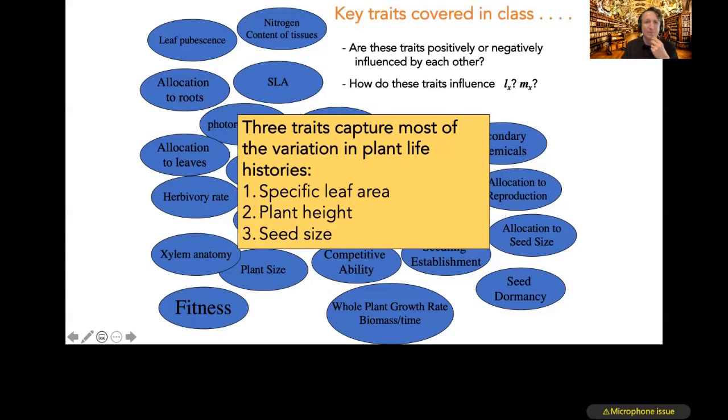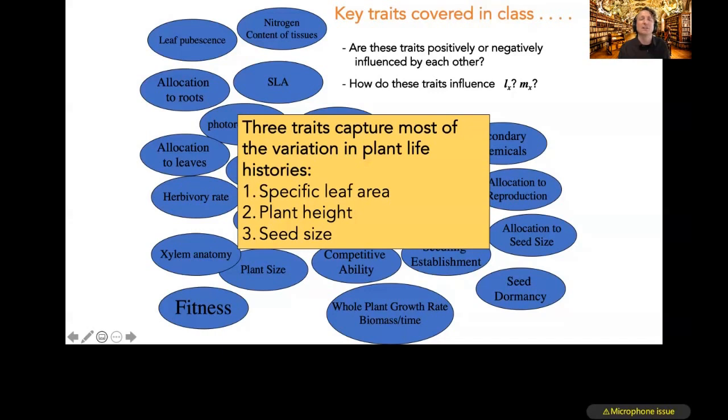Now, there are three traits that capture a lot of the variability in plant life histories. The specific leaf area, remember, is the area of the leaf divided by the mass of the leaf. It's a measure of allocation to leaf area per a given amount of carbon investment. Differences in plant size, differences in seed size.